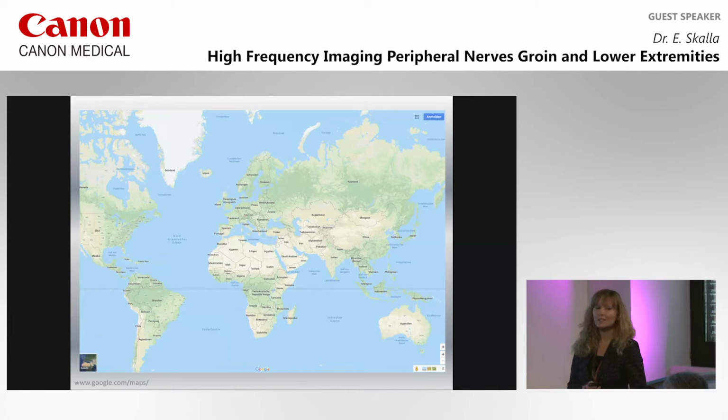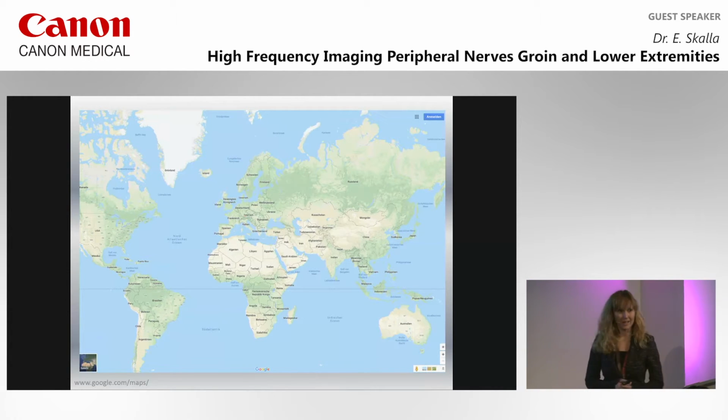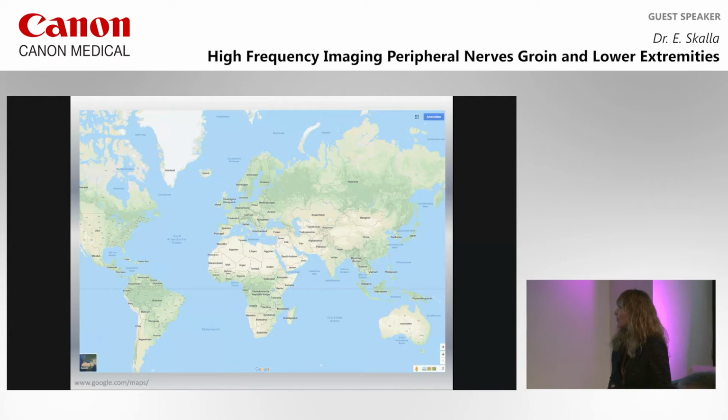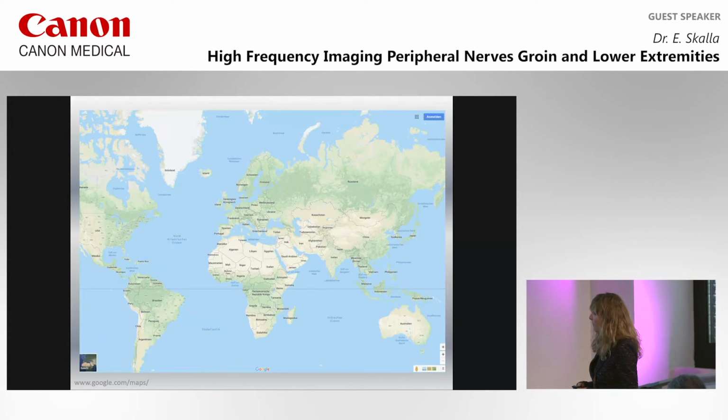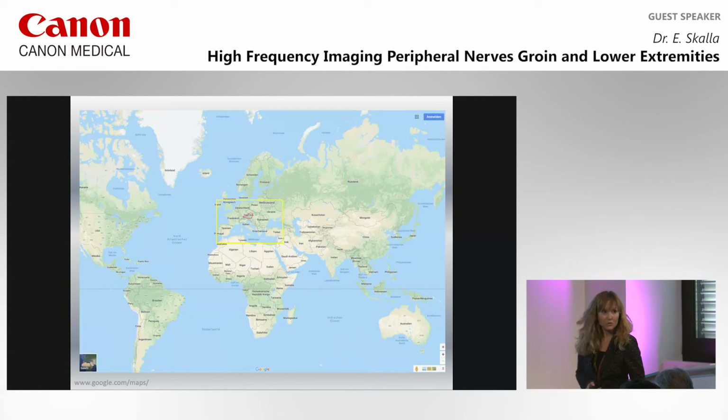So this is our beautiful world. And when we want to see Innsbruck, my hometown, it's really tiny here, and you won't find it at first view. But perhaps you know the region. You know you have to search anywhere in Europe. Perhaps you have heard of Austria.